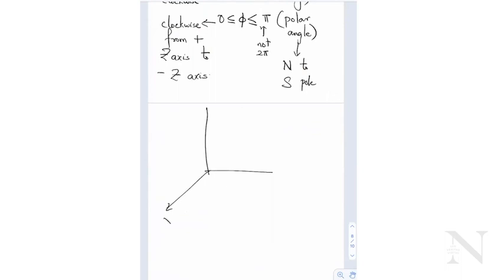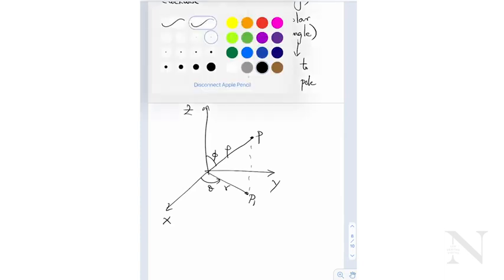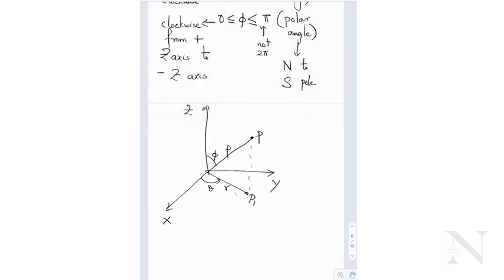So first we need to convert everything. This is your x, y, z, and this was your p1, r, theta, and then this is your p, rho, and this is phi. My pictures are getting worse and worse, but okay. So what I'll do is draw a line parallel to this line OP1.